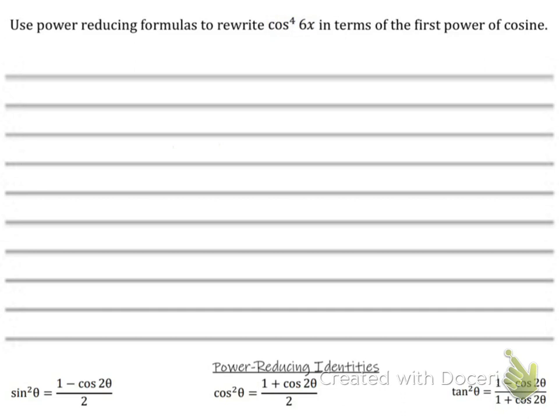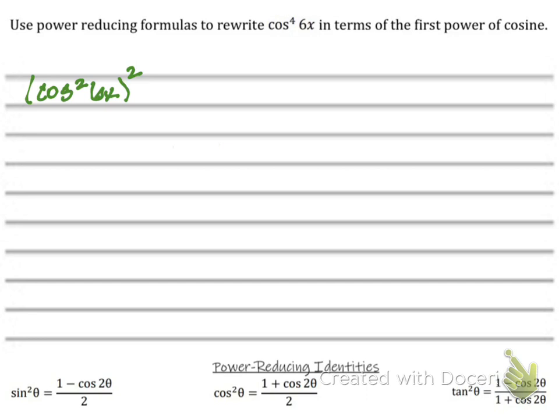Now we have cosine to the 4th of 6x. So we can rewrite cosine to the 4th as cosine squared 6x squared. Again, you can also write that as cosine squared 6x times cosine squared 6x, right? Same thing.